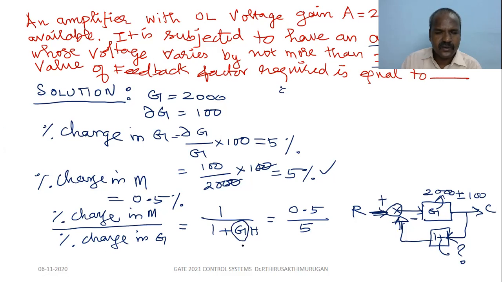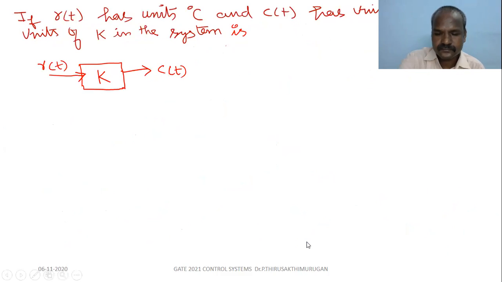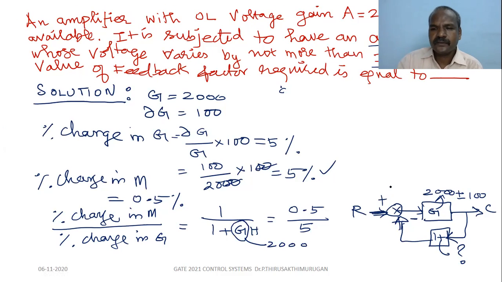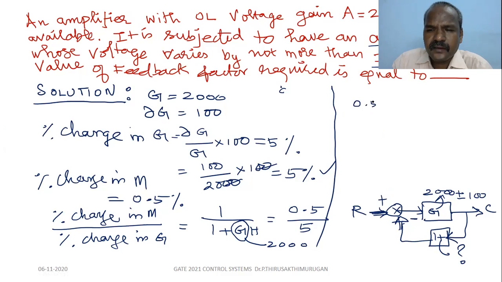What is the G value? The G value is 2000. So 0.5 divided by 5 is equal to 1 by 1 plus 2000 h.